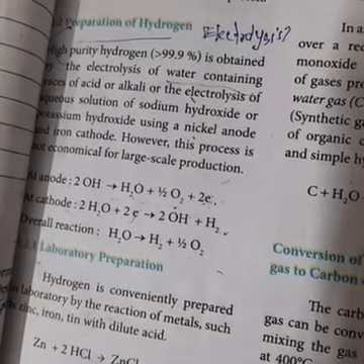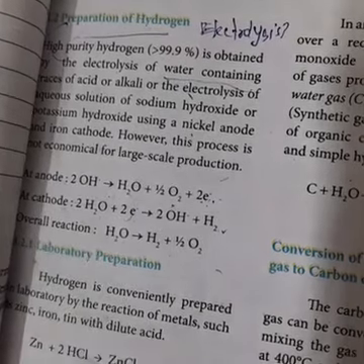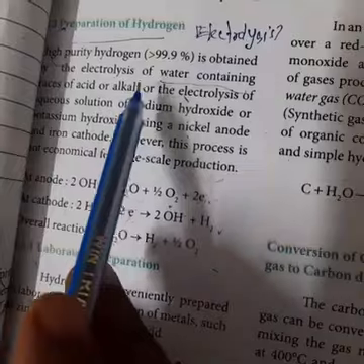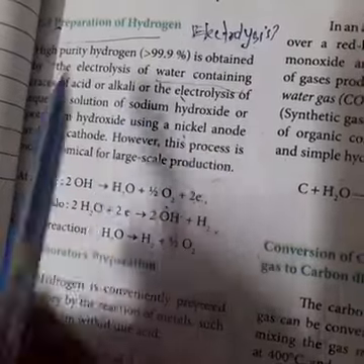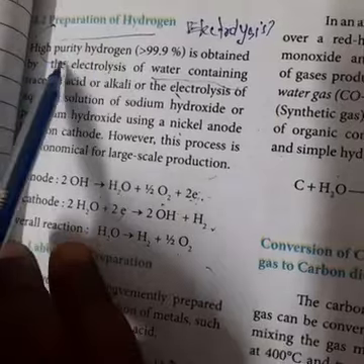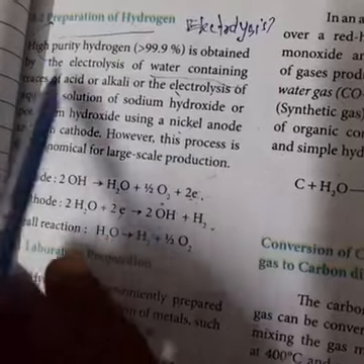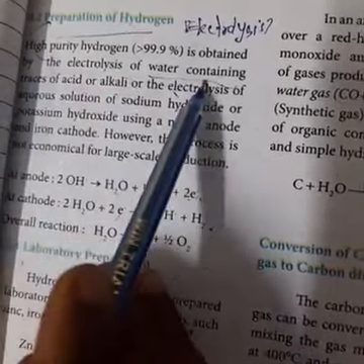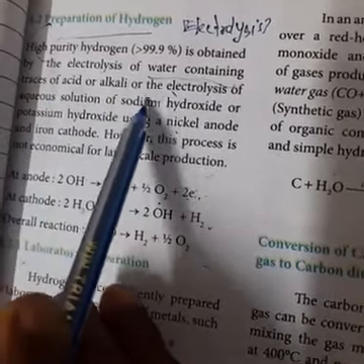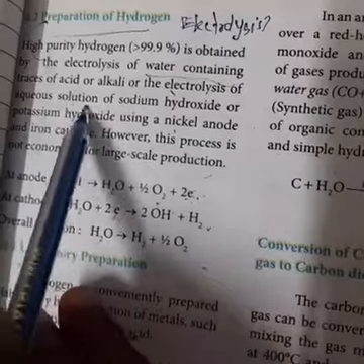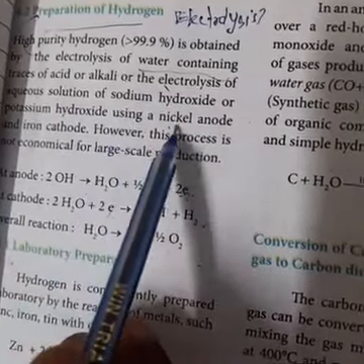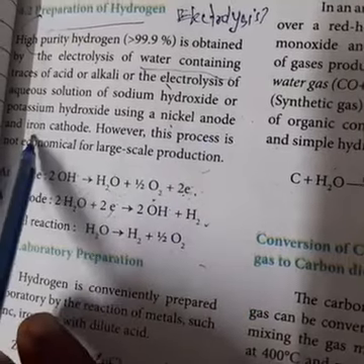Write the heading: electrolysis. And mark the text: high purity hydrogen is obtained by the electrolysis of water containing traces of acid or alkali, or the electrolysis of aqueous solution of sodium hydroxide or potassium hydroxide using a nickel anode and iron cathode.